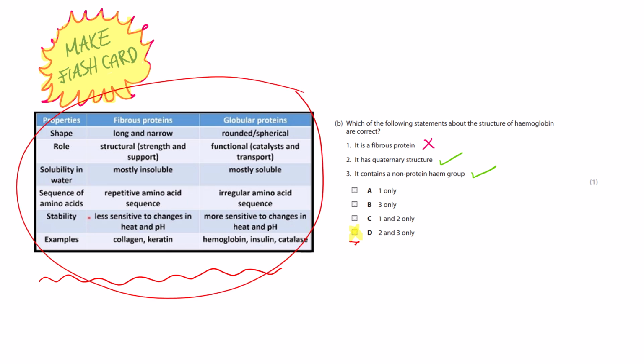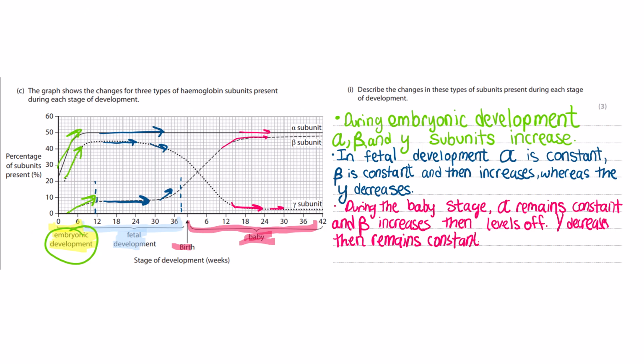It's very important. Okay. The graph shows the changes for 3 types of hemoglobin subunits present during each stage of development. So when a fetus is going to have a different type of hemoglobin than it will when it's like 5 weeks old or 10 weeks old, or even when it's given birth.